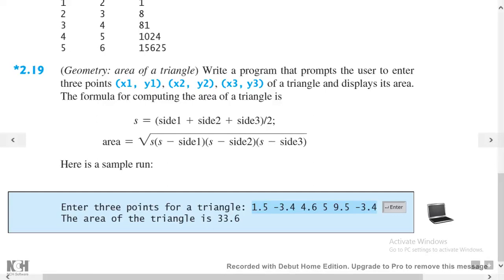So it's basically the product of S and all these three terms. We also got a sample run.